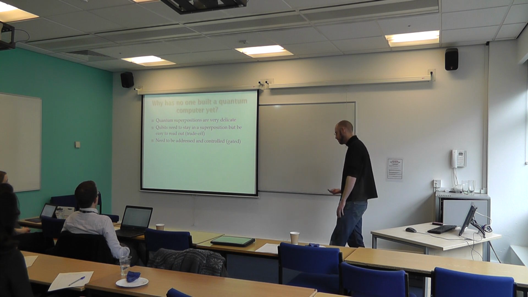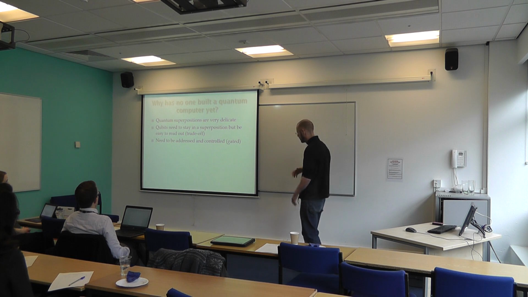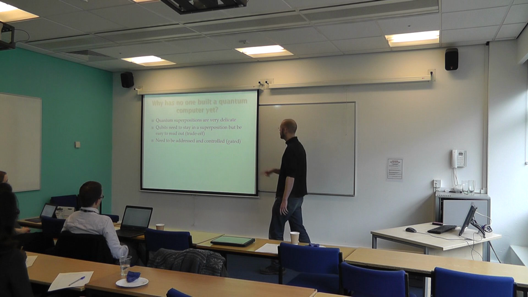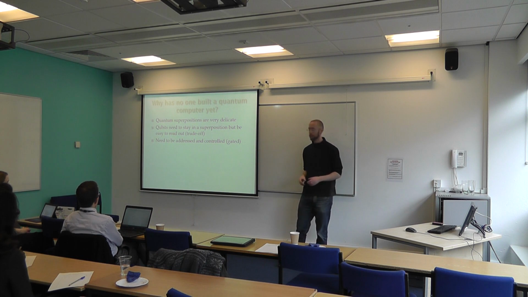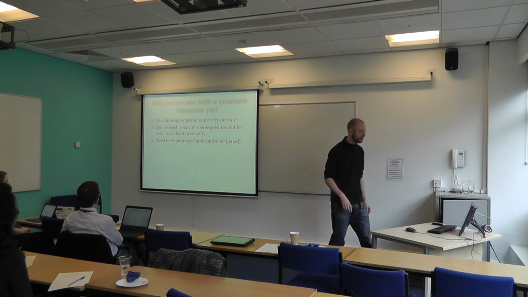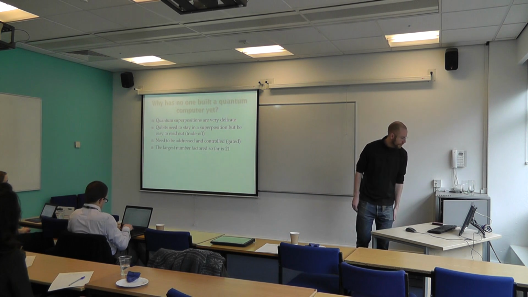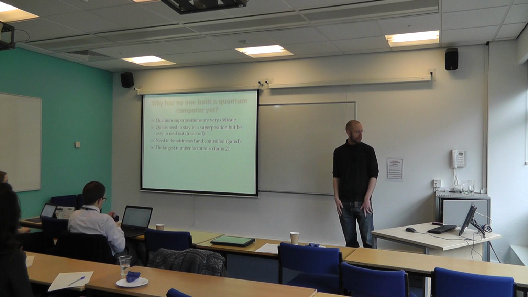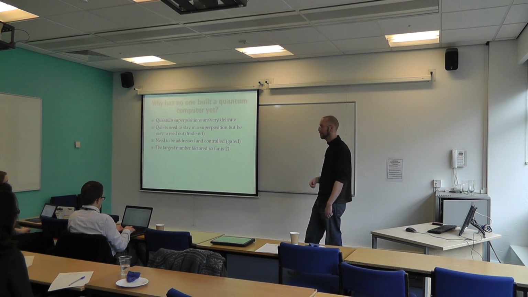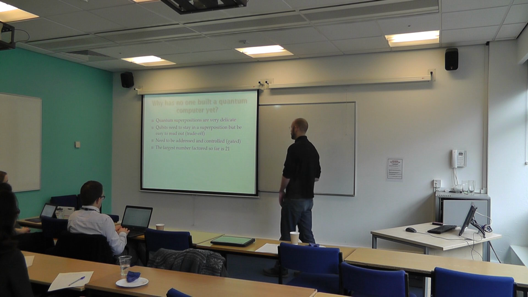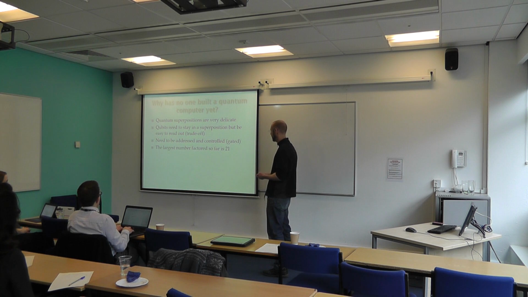We also need to address the qubits. We need to set them up with the problem we're going to give them and put them in a superposition. And we also need to control them, the gates, to control the interactions between them. This is also extremely difficult. So actually, some people have built very, very simple quantum computers so far, just with a few qubits.